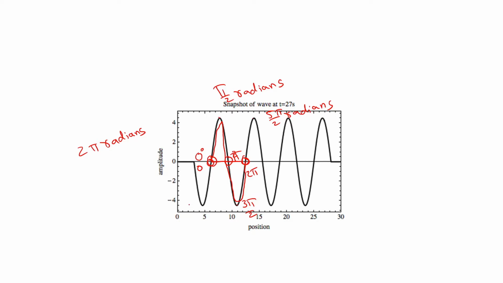Therefore, the angular displacement is 2 pi radians. The distance between these 2 points is called wavelength lambda. In fact, not the distance between just these 2 points, it can also be the distance between these 2 points. Any point on a wave you consider and you undergo a complete cycle, that is an angular displacement of 2 pi radians, the distance between those 2 points is called one wavelength.